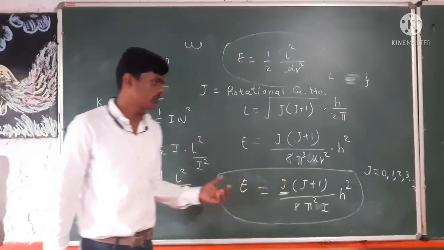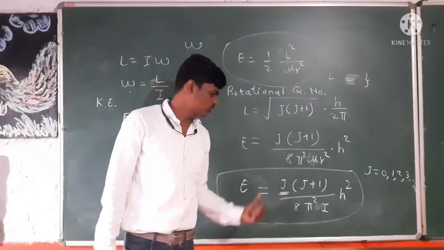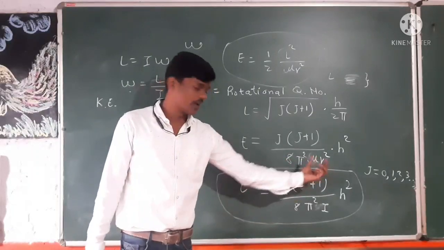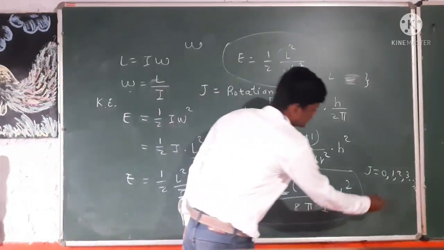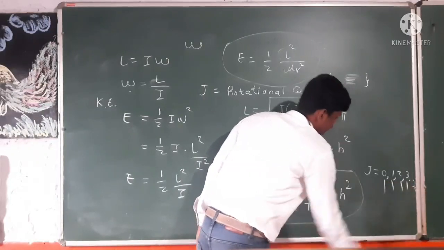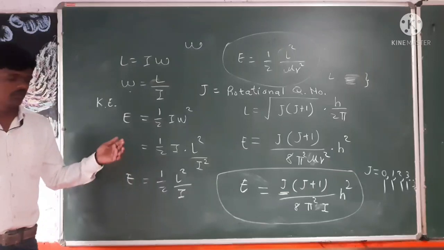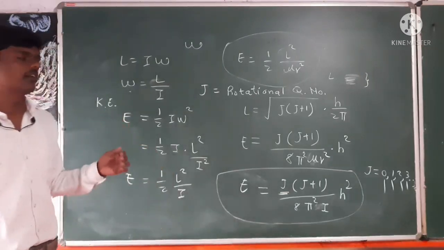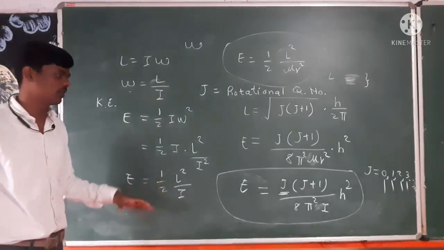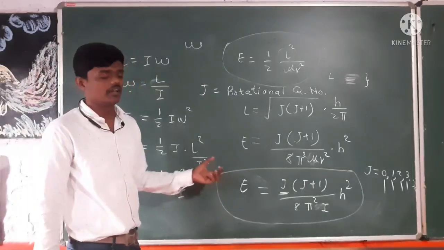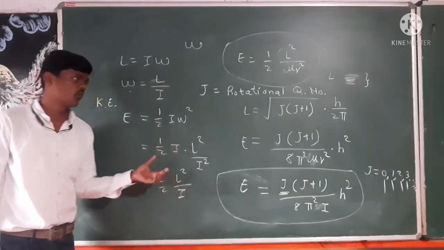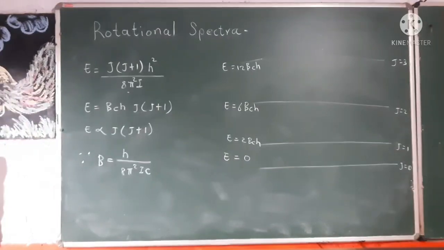From this one, we will get each energy level for each value. So this equation gives all the discrete values for each rotational energy level.